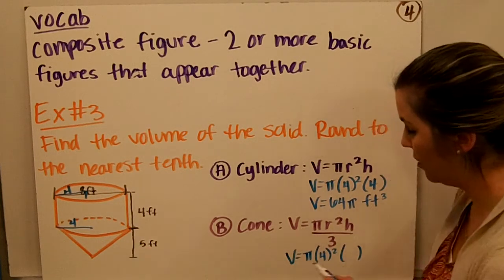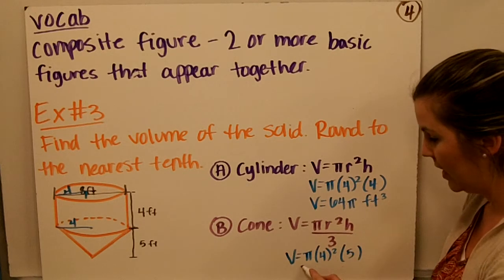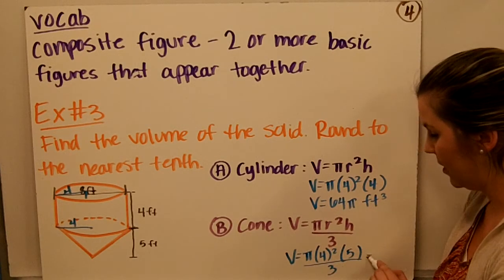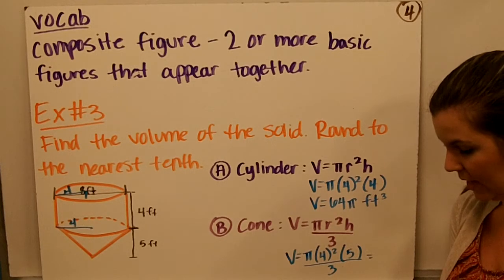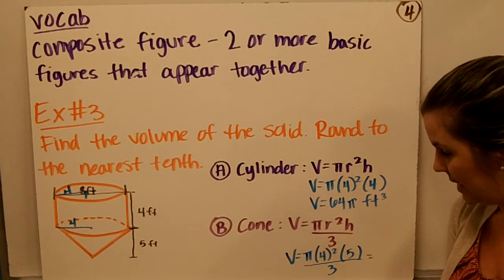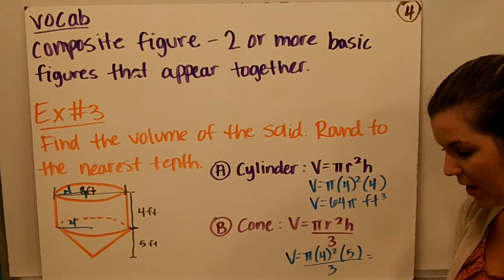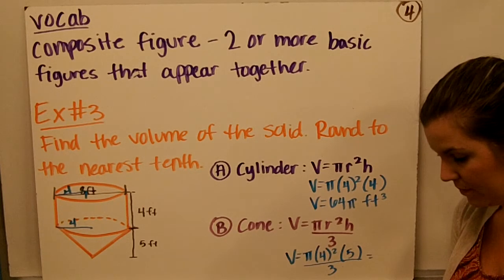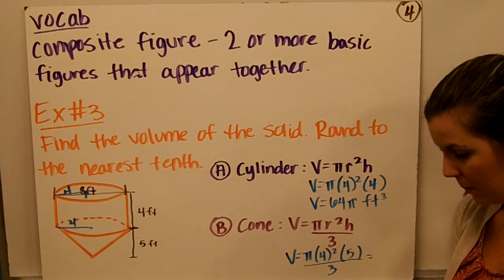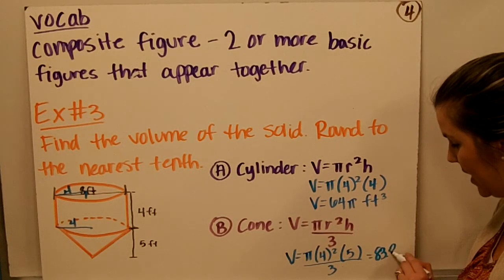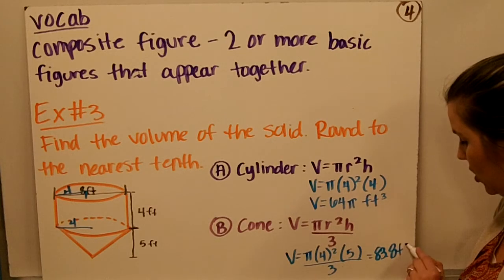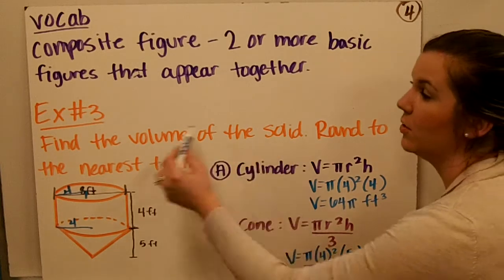We can see the height of the cone is 5, and all that divided by 3. 4 squared times 5 is 80. So 80 pi divided by 3. And that gives me 83.8 feet cubed. But I want the volume of the whole solid.